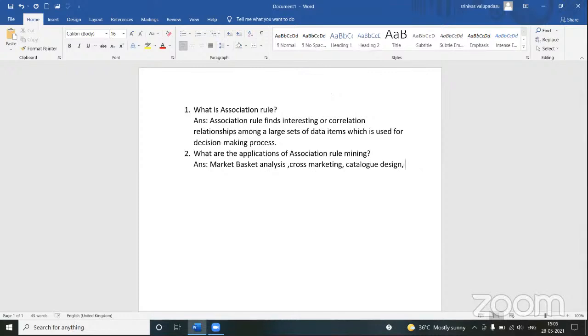Companies can transfer the categorization, some information passing, that is catalog design. Next, loss leader analysis. Loss leader is nothing but which products we are getting at discounts.